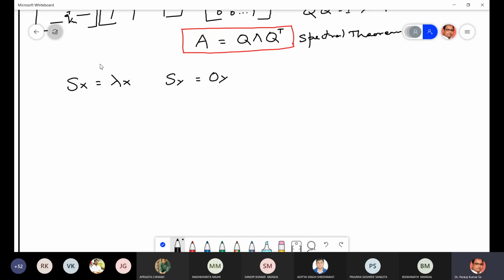If you recall our first few classes, can we say, according to that, that y is in the null space of S, and x is in the column space?